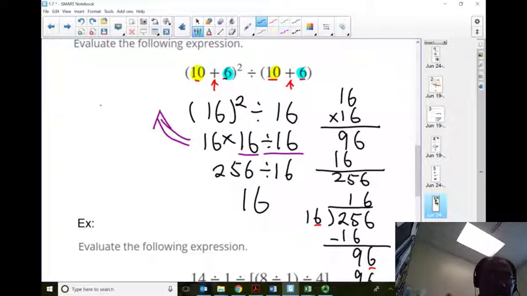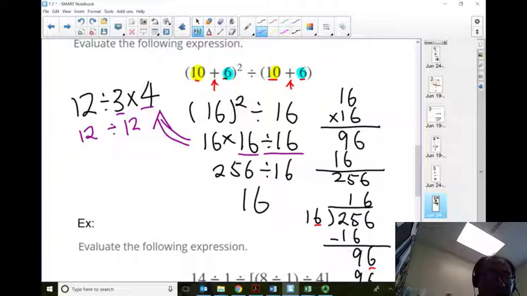If I have 12 divided by 3 times 4, kind of the same idea. Can I do 3 times 4 first and say that's 12, and then take the front 12 divided by my new 12 and get a 1? The answer is no. That's actually wrong.